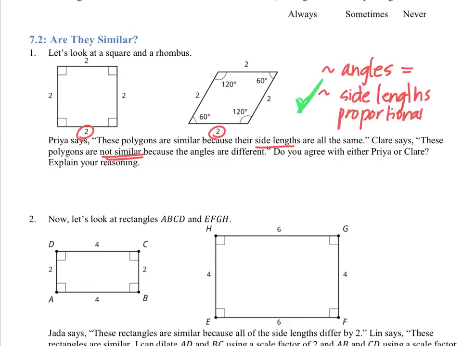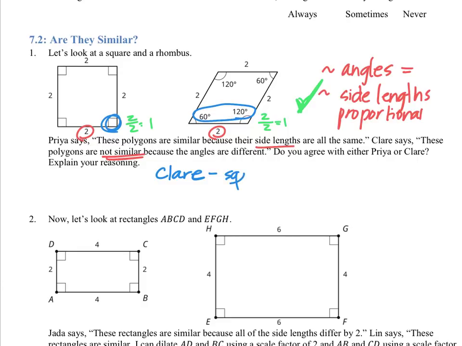She's saying I can take 2 divided by 2 on the square and get 1, and I can take 2 divided by 2 on the rhombus and get 1. You can clearly see the sides are the same. But the angles are inconsistent. On the left figure, I have right angles. On the right figure, I have 60 and 120 degree alternating angles in the rhombus. So we are going to agree with Claire and note that the figures cannot be similar.